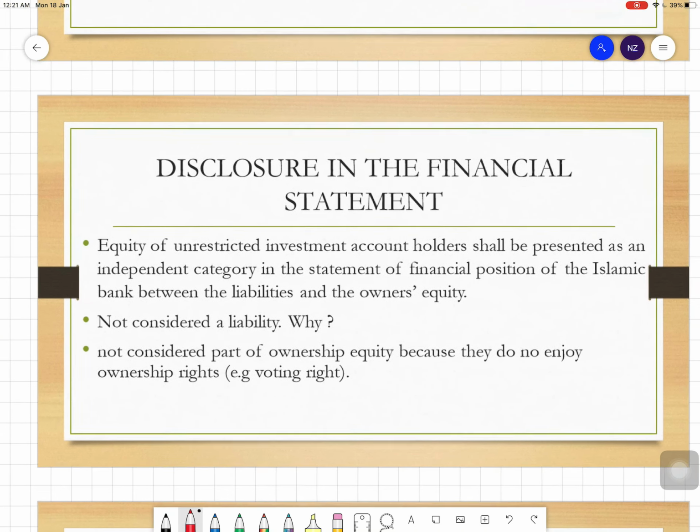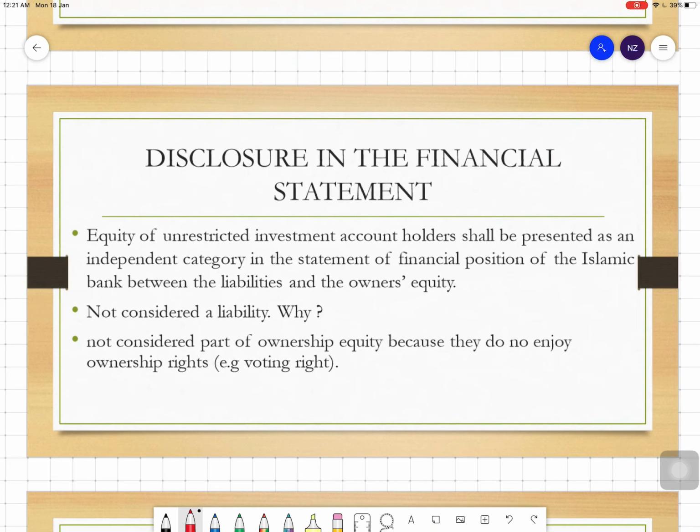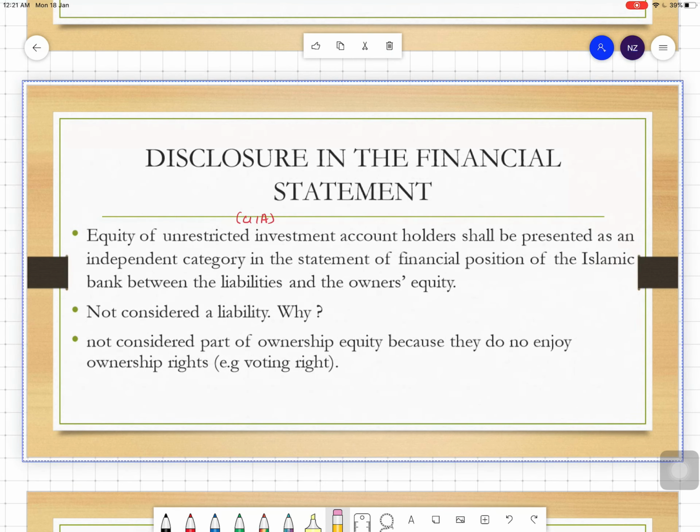Okay, so this is the disclosure in the financial statement. Even though we explained earlier how Islamic banks disclose the equity of certain account holders, here we will look in more detail at the disclosure. So for equity of UIA, don't get confused, I call it UIA because it is the unrestricted investment account holders.